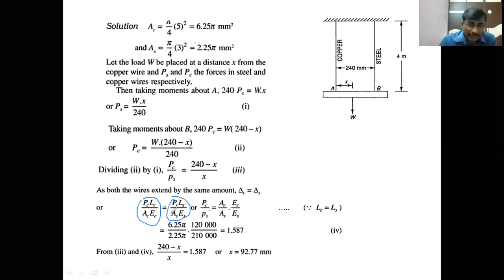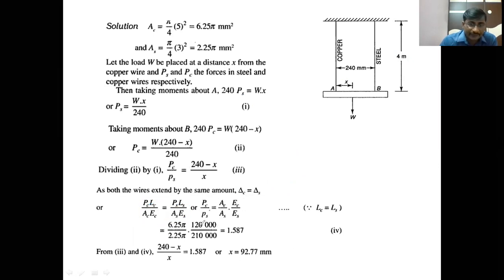From this equation, taking PS as the denominator on the left hand side, PC by PS is equal to AC by AS into EC by ES. The initial lengths are equal, 4 meters each, therefore LC and LS cancel.